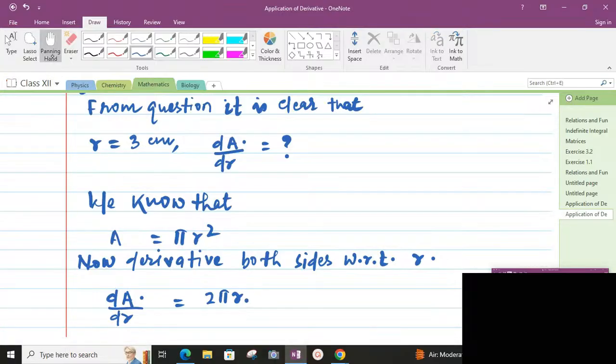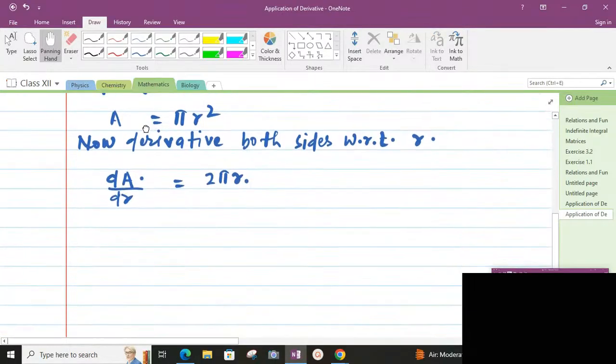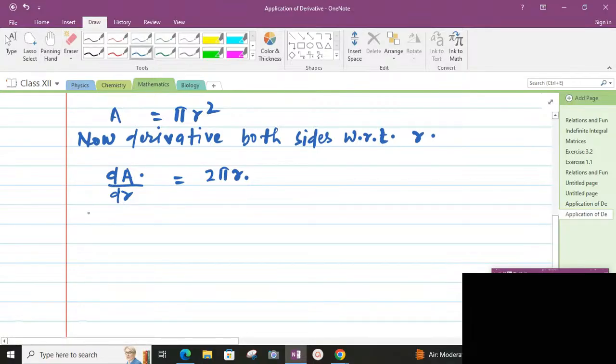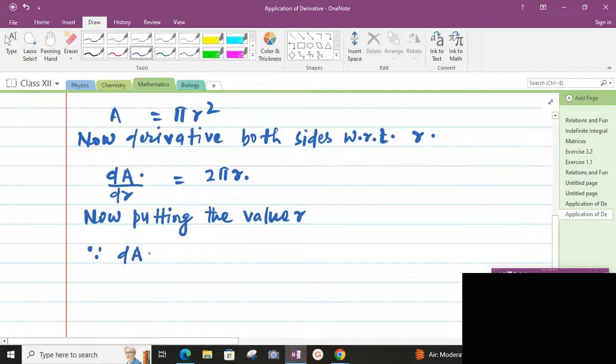Now putting the value of r, therefore dA by dr equal to 2 into pi into the value of r, which is 3.